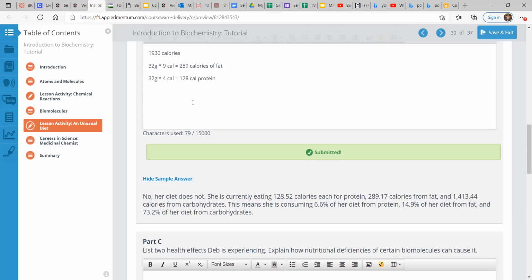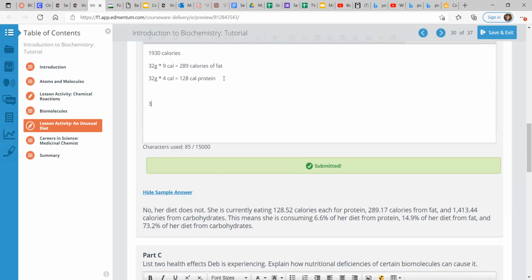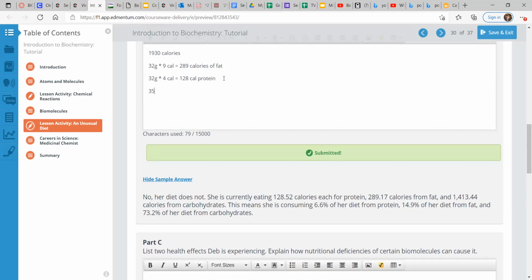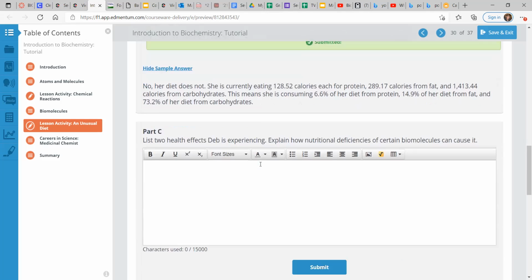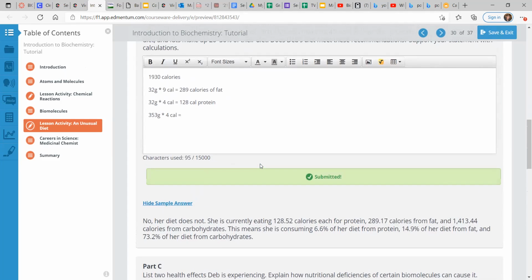That's a lot of grams if that were the case. We have 289 calories of fat, 128 calories of protein, and we have 350 grams of carbs times 4 calories per gram equals 1413-ish.